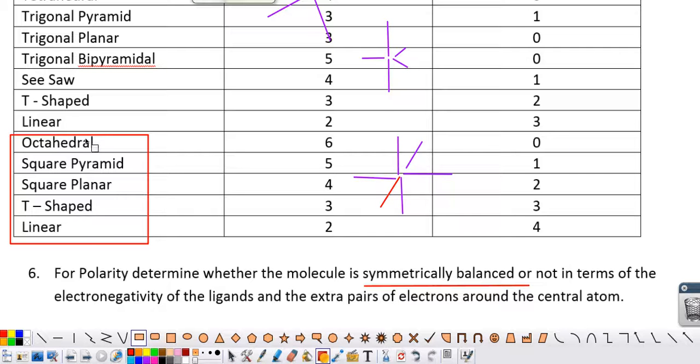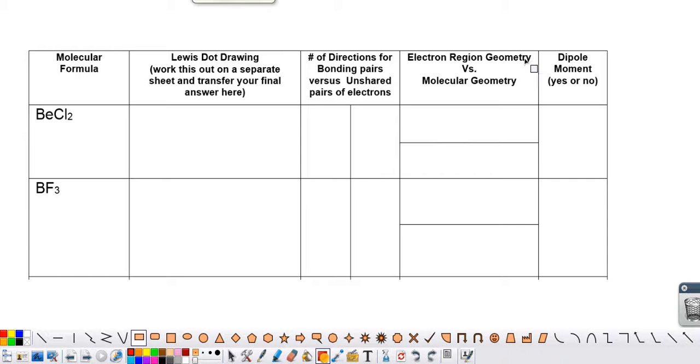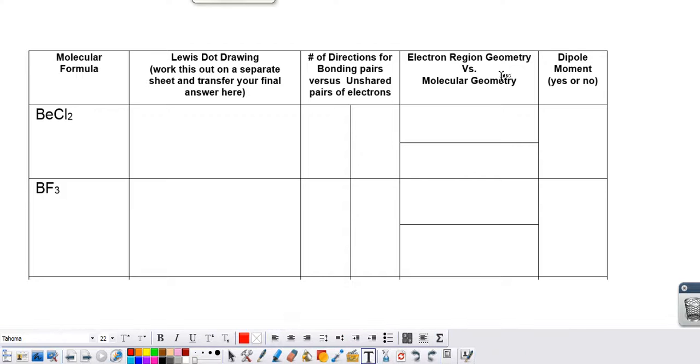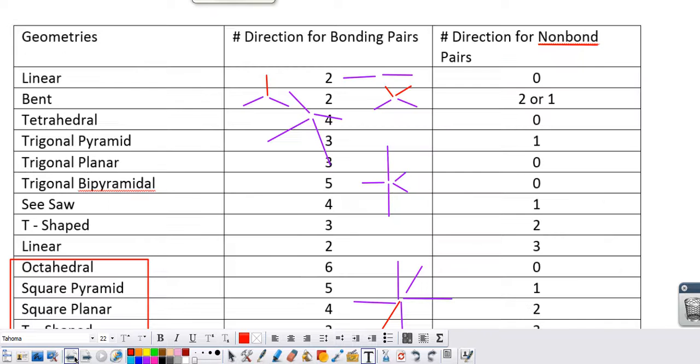All of these are all in the same electron region geometry. They're all, let's say, 6 in total. But the molecular geometry might be 5 and 1. And if it was 5 and 1, then it would be square pyramid.